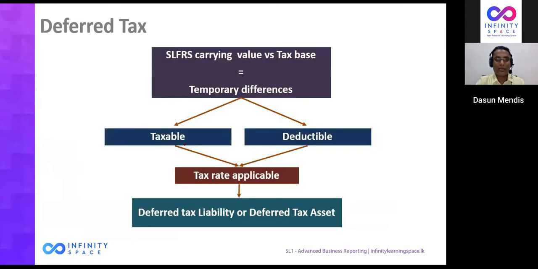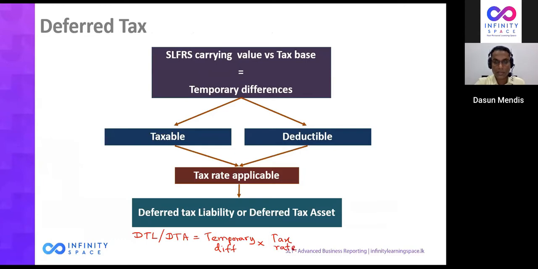Yeah, this is the one. So what I want to tell you is how to calculate the deferred tax asset or the deferred tax liability. DTL or DTA, deferred tax liability or deferred tax asset, is equal to temporary difference into tax rate.